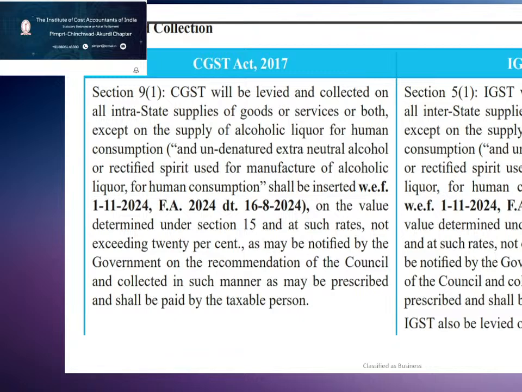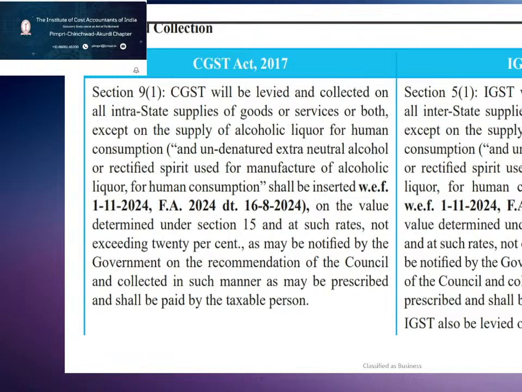Then we have services by a music composer, photographer, artist, by way of transfer or permitting the use or enjoyment of copyright. If the music composer is providing the service, the music company has to pay the GST.